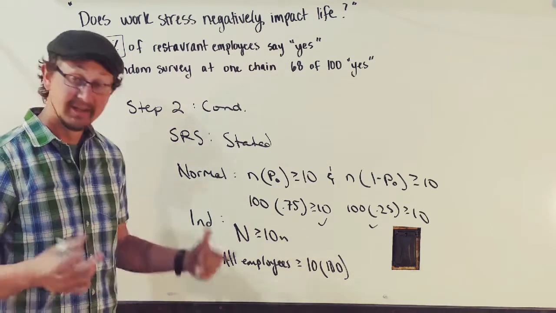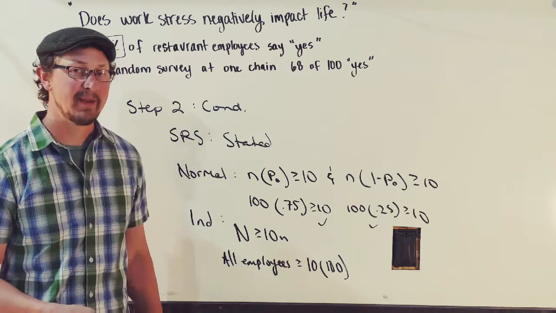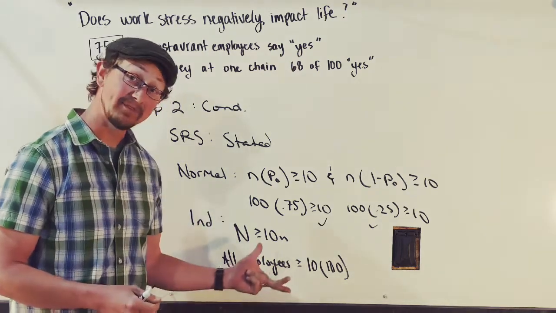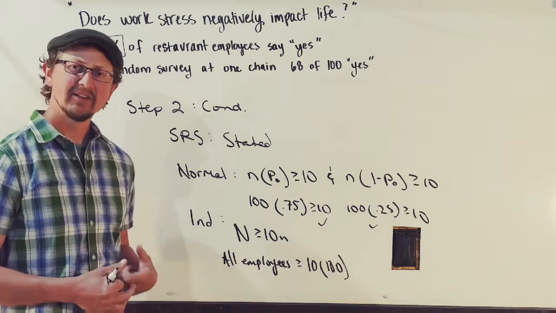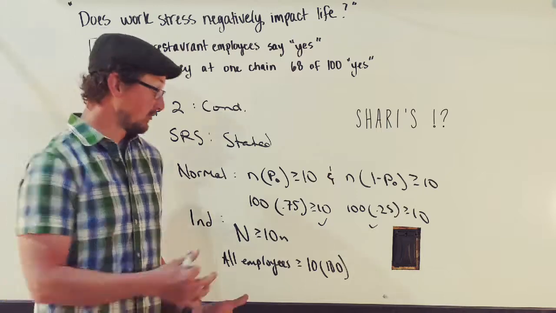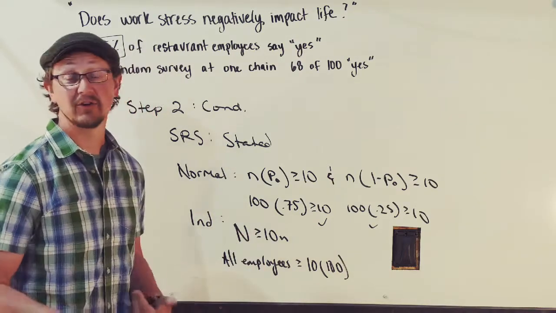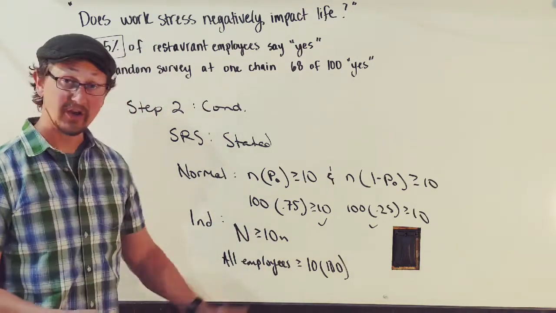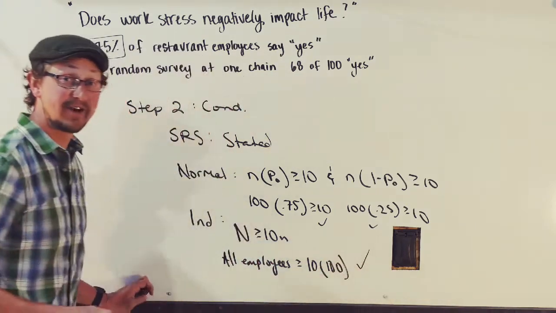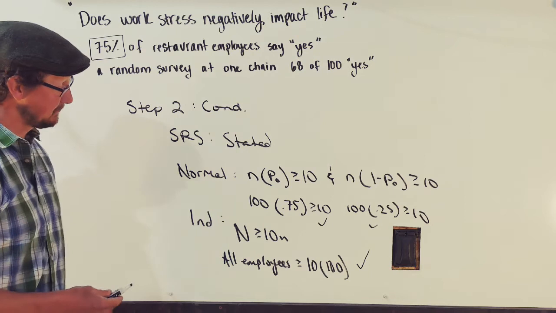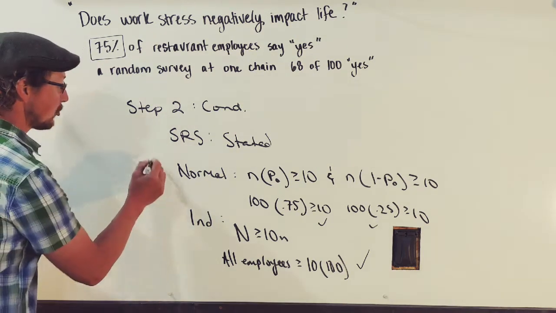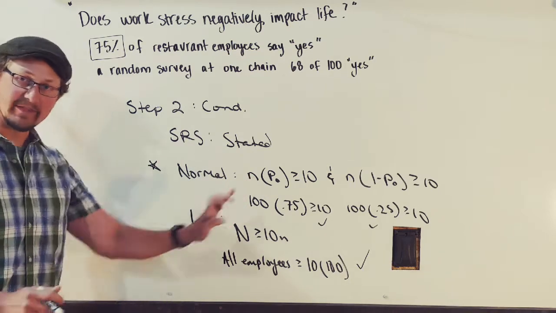This isn't maybe a small chain like Zips. This is a big chain like McDonald's or something where there's many restaurants, many employees. And so if that's the case, then yes, we satisfy that condition as well. Step 2, normality is the only one that's different here.